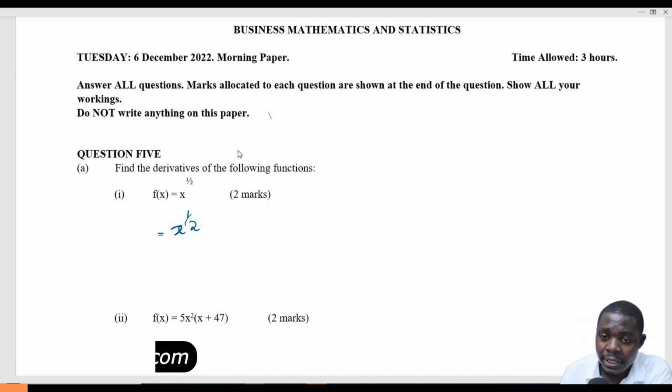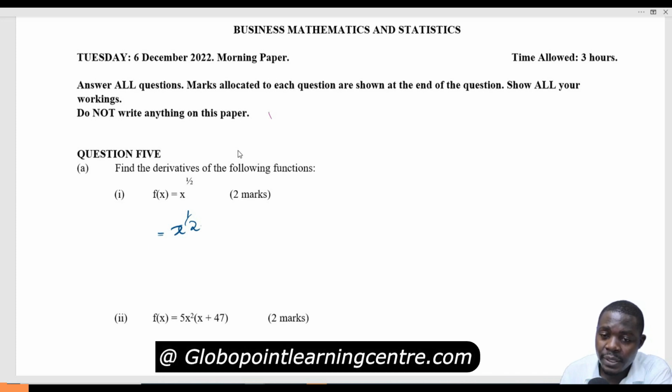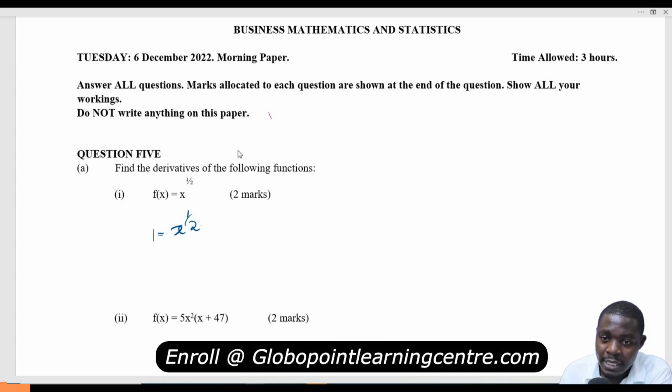Now let's start with Roman 1. The derivative of x raised to power a half. Now you know if we differentiate the equation, it's different from when we integrate. When differentiating, we reduce the power, but in integration, we usually add back.